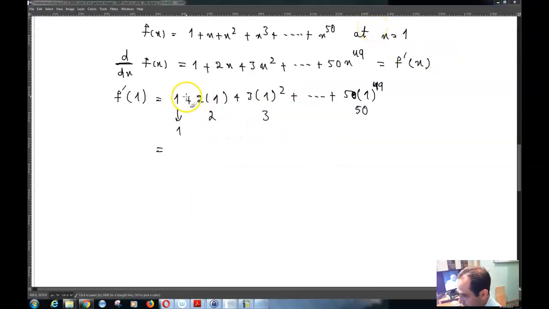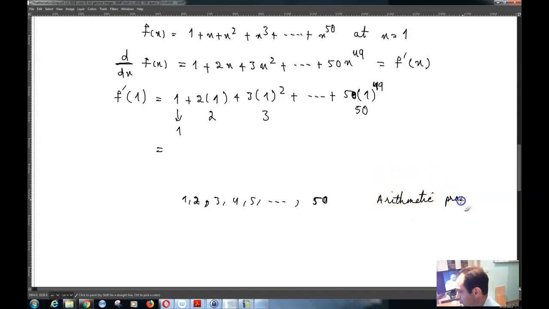See, basically if you have these numbers over here, 1, 2, 3, 4, 5 and so on and so forth all the way up to 50, this is an arithmetic progression. Of course, we could just simply grab the formula from there, but it's fun to derive the formula.